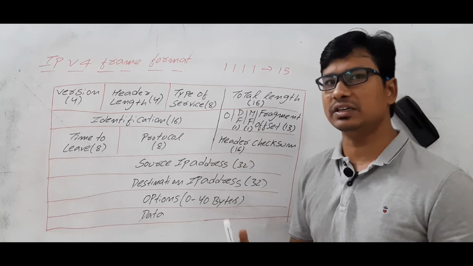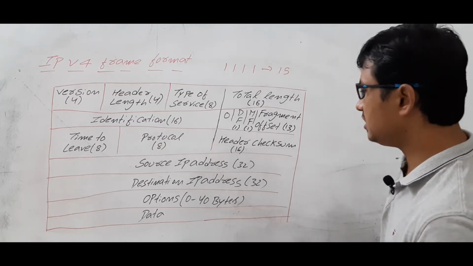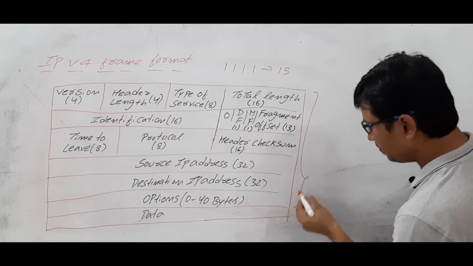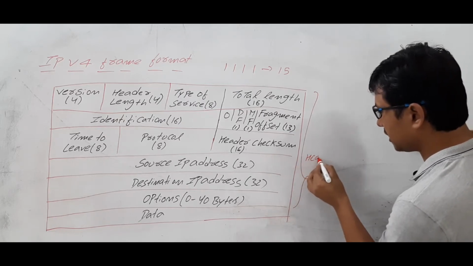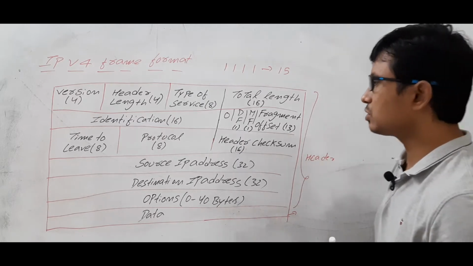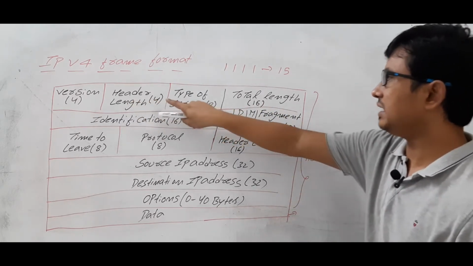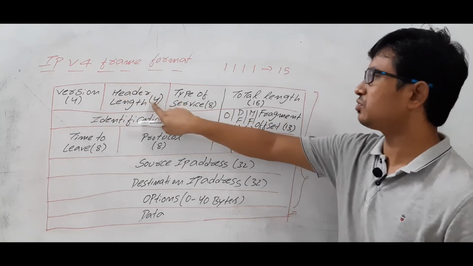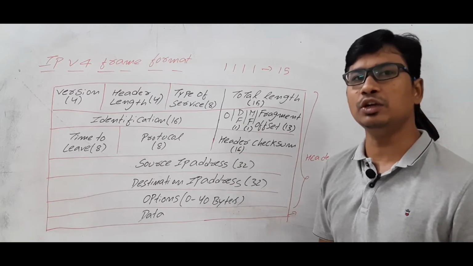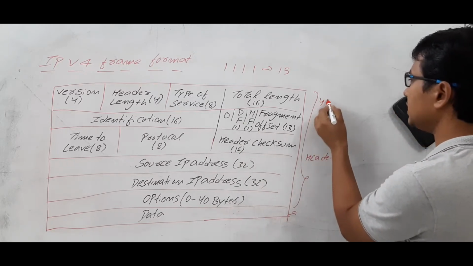The header length tells the size of the header. If you see, we have 2 things here. This complete information is about the header, and this is your actual data. Now this first row is how many bytes? 4 plus 8 is 12, plus 16 gives 32 bits. 32 bits is nothing but 4 bytes.